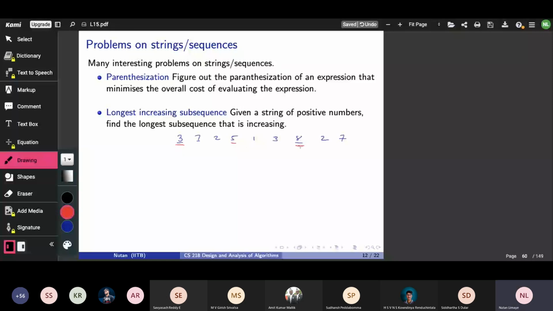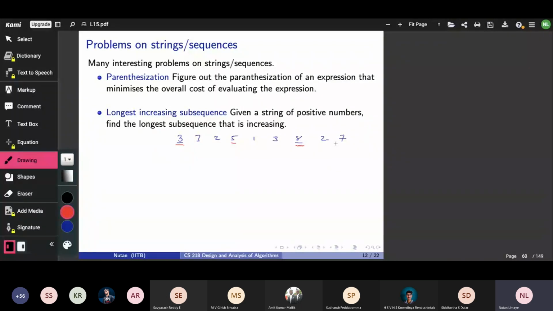Instead of including 8, it could have included 7. But you may find a subsequence which is possibly even larger than length 3, and that would be the longest increasing subsequence if we can find such. So probably in the example I have given, maybe there is no subsequence of length larger than 3.